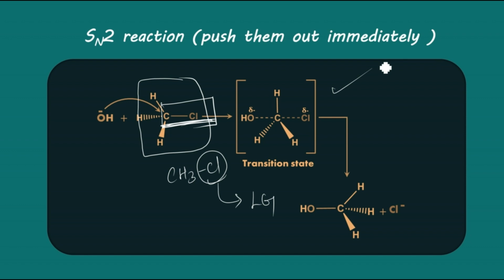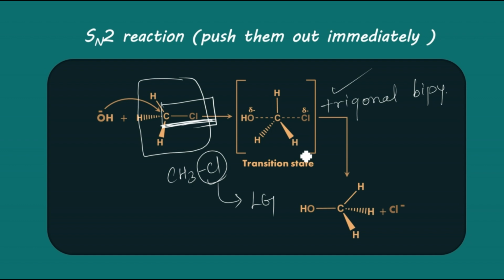The carbon goes through a trigonal bipyramidal geometry with 5 connections. Carbon can only form 4 bonds, that is true, but this is the transition state with 5 partial connections, not full bonds.